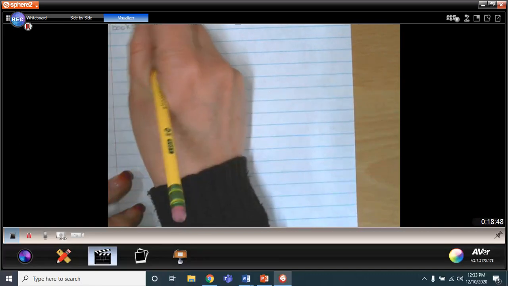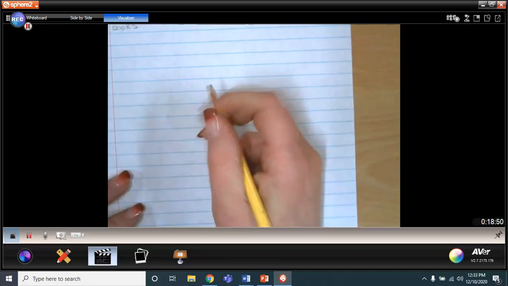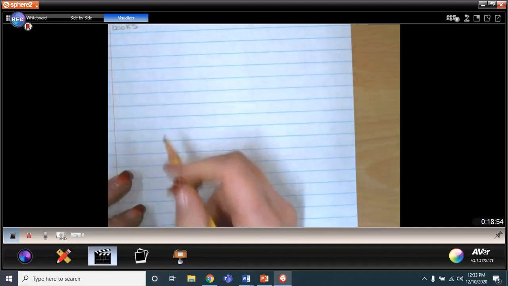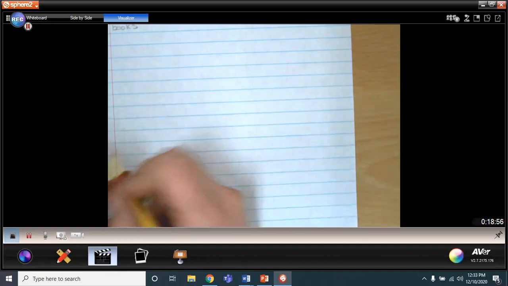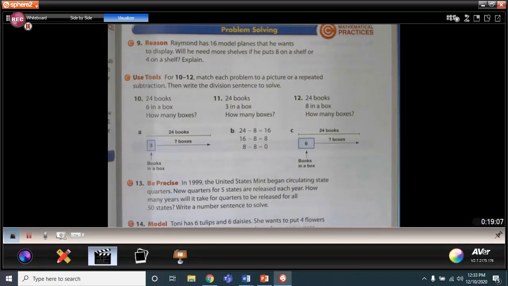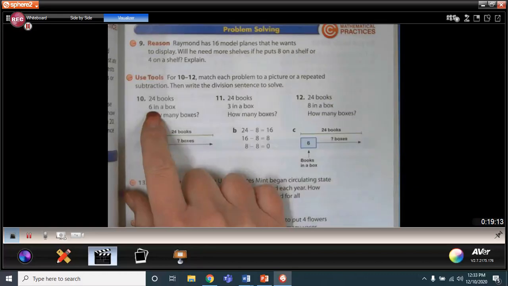We're going to take those books and divide them, 6 in each box. So we can use repeated subtraction and put those objects into a box. If you look at the different choices we have here, which one of those is going to show us putting 6 in each box? So 24 books, 6 in each box.